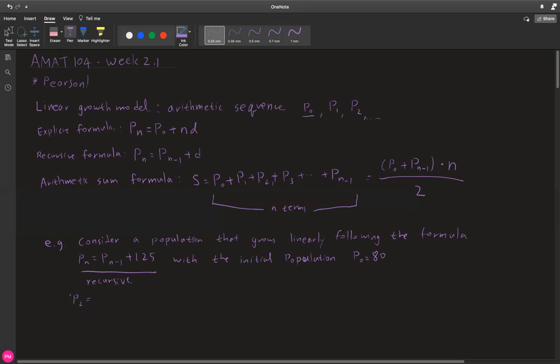Actually, let's do P sub 1 first, because this is P sub 0. How do you find the second term of the sequence, P sub 1? Using the recursive formula, P sub 1 is defined by P sub 0 plus 125. That's simply 80 plus 125, which is 205.